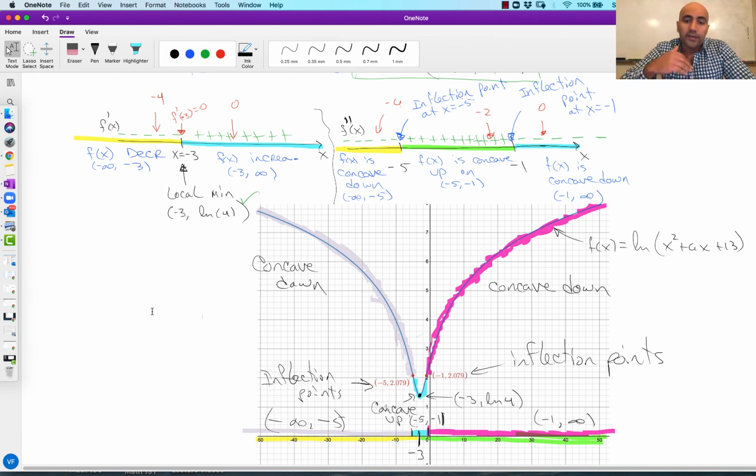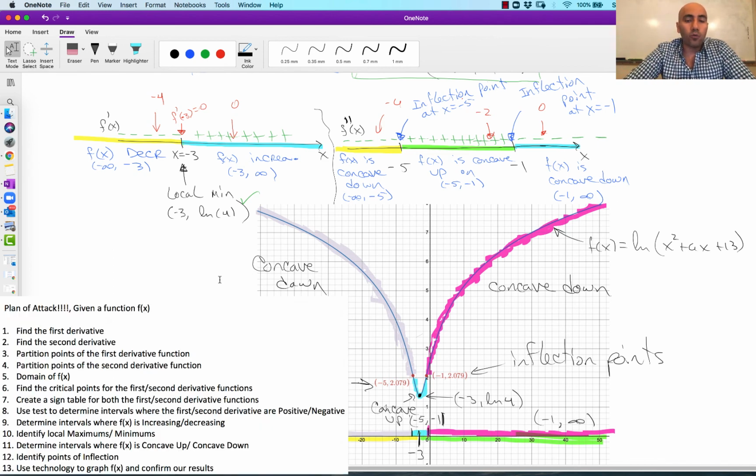However, be warned, just simply submitting the graph is not really going to give you credit on an exam. The whole point of this is to justify that it's concave down in that region, for example. You can't just submit the graph and highlight it and go, it's concave down there, proof by picture. That's not going to be good enough. You have to do all the work I just did.